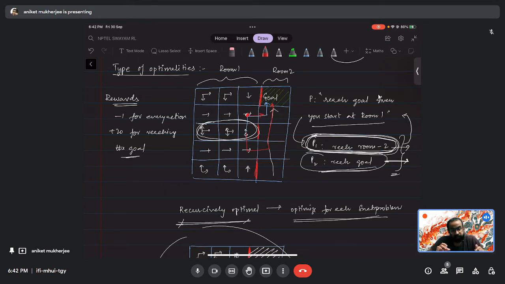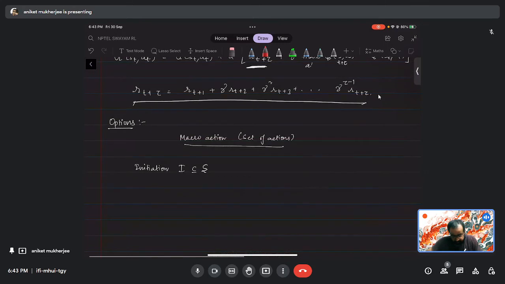Now if your option had a set of 2-3 actions, like go up, go left, go right, go left, then it would not matter if you have taken the action here, because you'll hit an obstacle and it makes no sense. So there are some states where you can initialize your options from, and for each option you will have some set of states where you can apply it. That is the initiation set for the option.